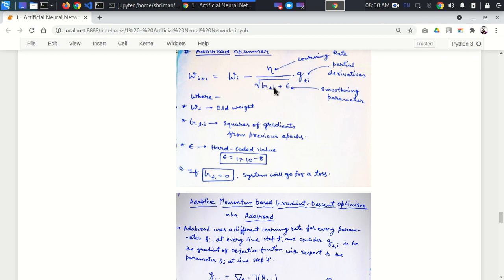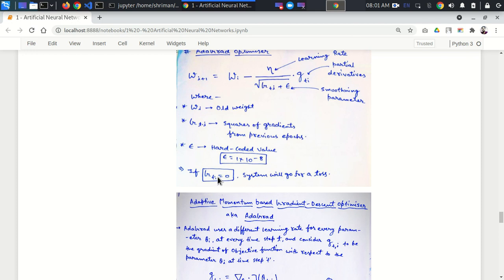So the square root of G_ti will be what? Any idea, guys? Okay, fine, try to search on Google: what is the value of the square root of 0? So if G_ti is equal to 0, the system will go for a toss.